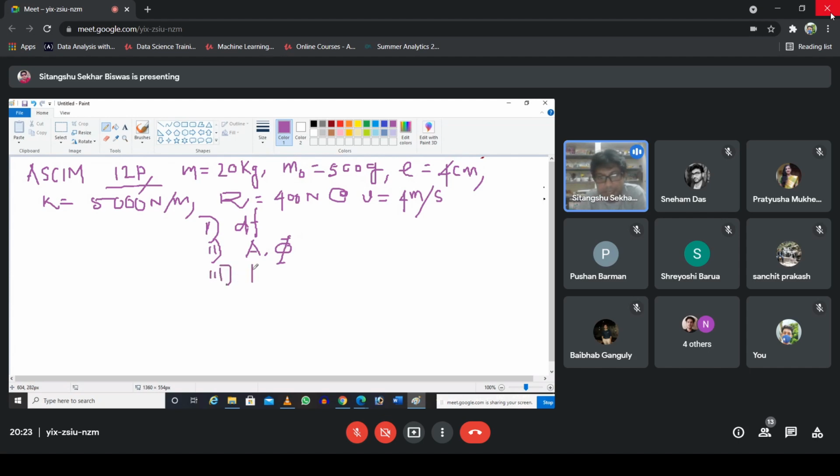Number 3, the resonance frequency and the percentage of amplitude increased during the resonance, and 4, the force distribution vector representation. These are the things we have to calculate. Now let us start.